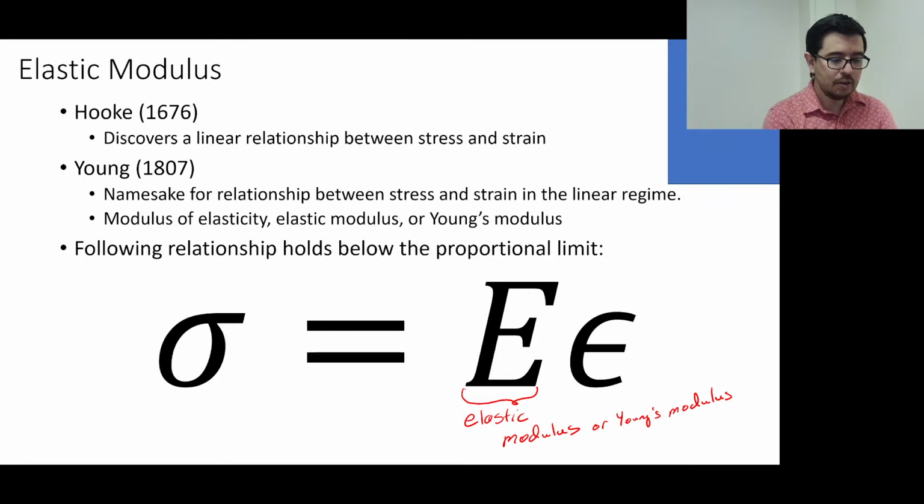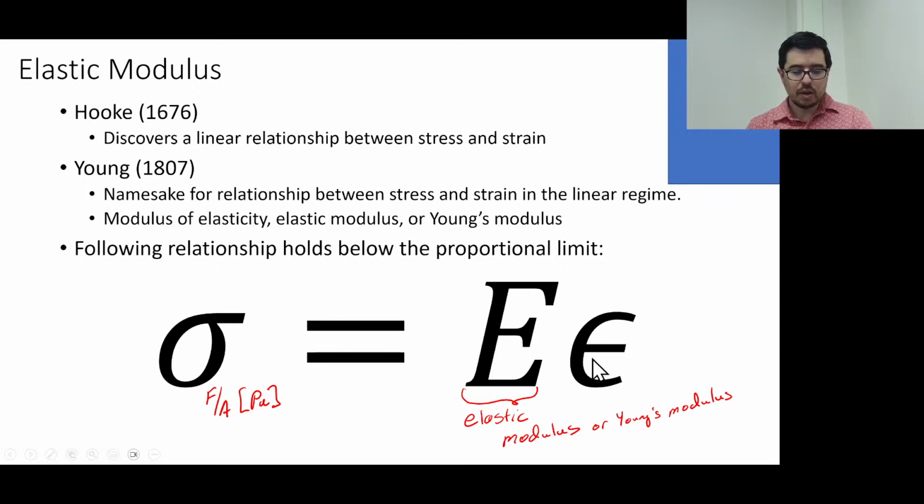What are the units here? You can't see what I'm pointing at. What are the units here? Yes, that would be force divided by area, and we typically are going to say pascals. All right. Anyone else? Okay, what are the units here for epsilon?